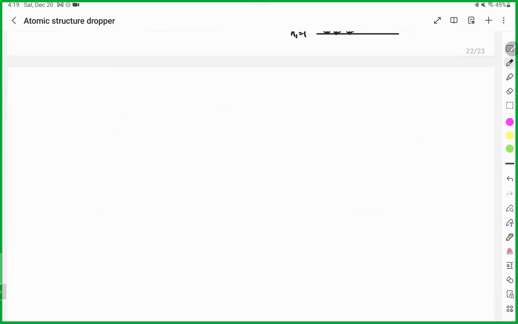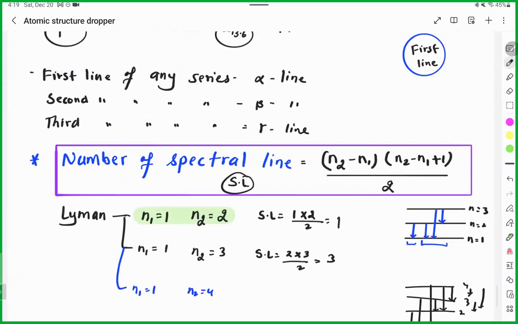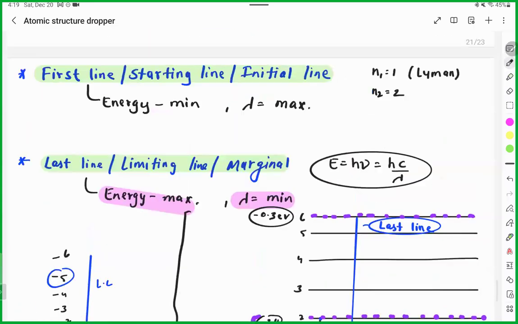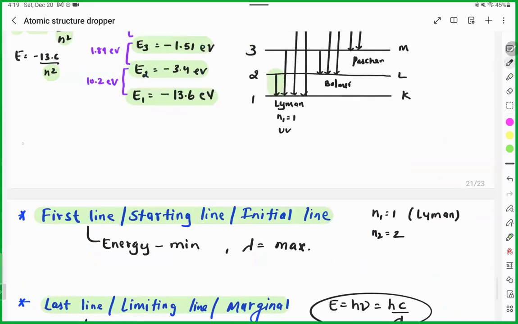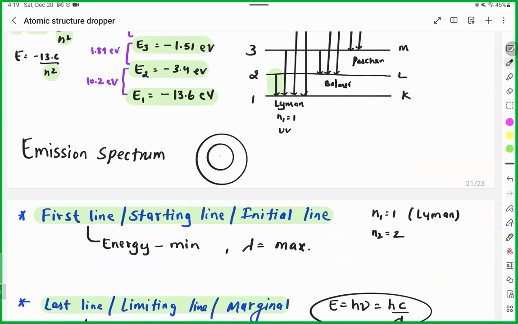Here is how an electron moves from higher energy to lower energy. We are dealing here with the emission spectrum. What does it mean? Emission spectrum means when any electron comes from high energy to low energy, it will emit some radiation.